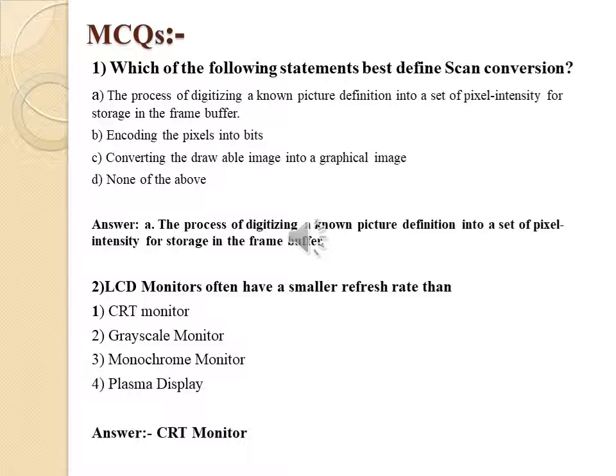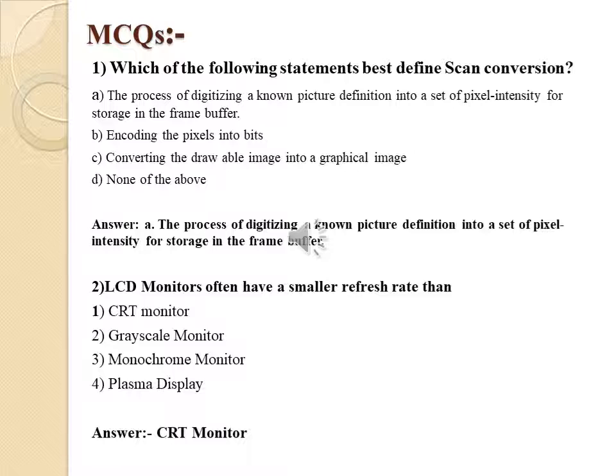Third option, converting the drawable image into a graphical image. Option D, none of the above. Students, think about these questions and give the answer, but I have given the answer as follows. The answer is A, the process of digitizing a known picture definition into a set of pixel intensities for storage in the frame buffer.